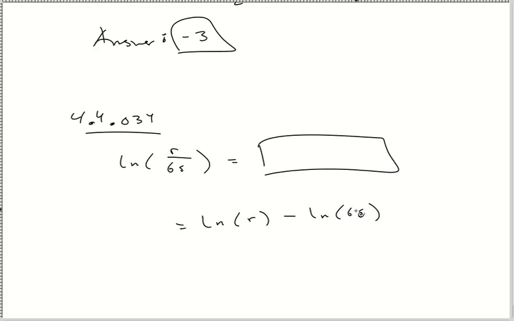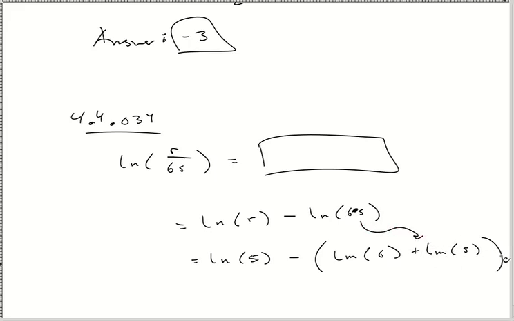Well, notice that these are multiplied here, right? So what I'm going to do is split that up as well. And so then in parentheses, ln of 6 plus ln of s. I'm using the times sign here, so I get a plus sign, right? But notice I'm keeping it all in parentheses because that minus sign is for that whole entire thing.